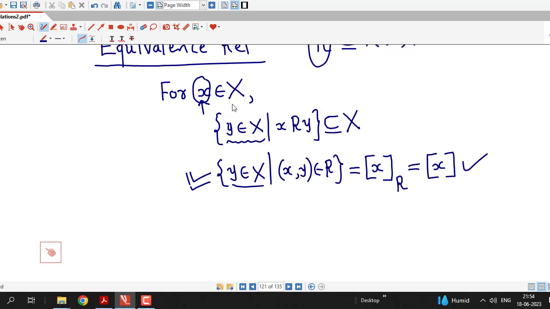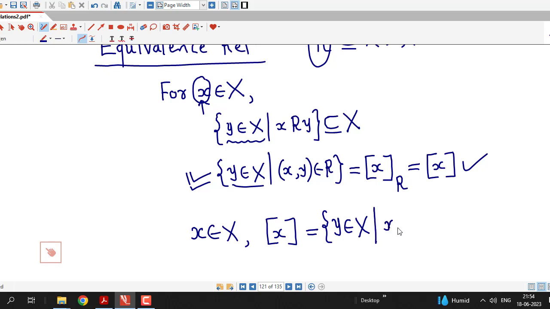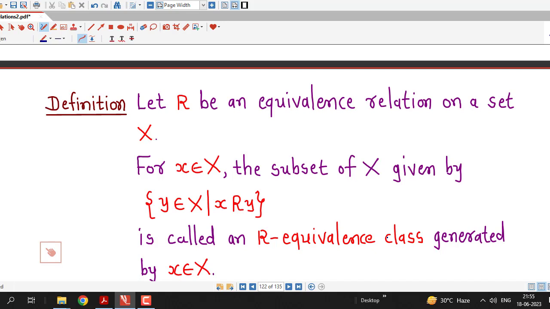So for every element of a given set X, we can write equivalence class generated by that element, and it is the collection of all those elements of given set X which are related to given element x. So we can see that equivalence classes generated by each element of given set X are nothing but subsets of given set X. So this is the definition of equivalence class.